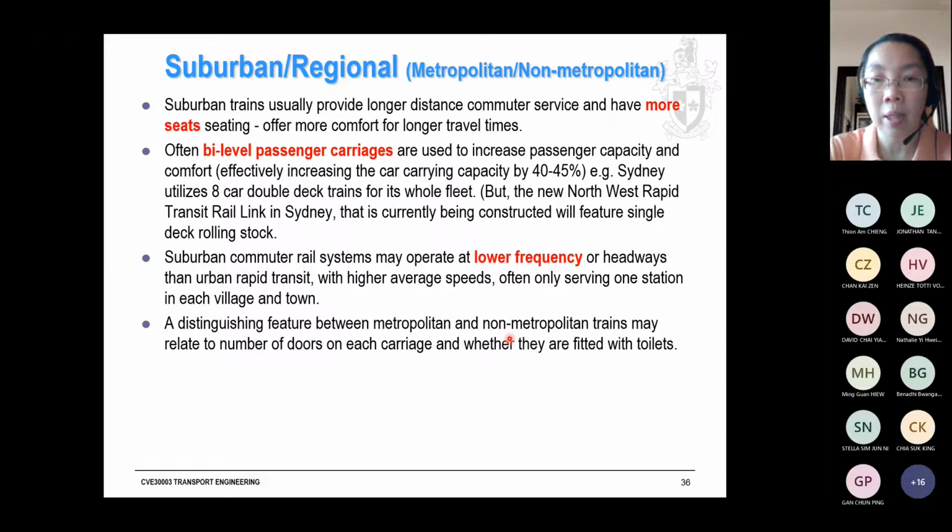And if it's further away, then we look at fewer doors. Those are usually quite important because it allows your passengers to board and alight easier. If you have a lot of doors, passengers could go in and out very easily. Something like your metro underground, those are wide doors and you have a lot of doors. Then passengers go in and out very quickly, because we want minimum dwell time at the stations.